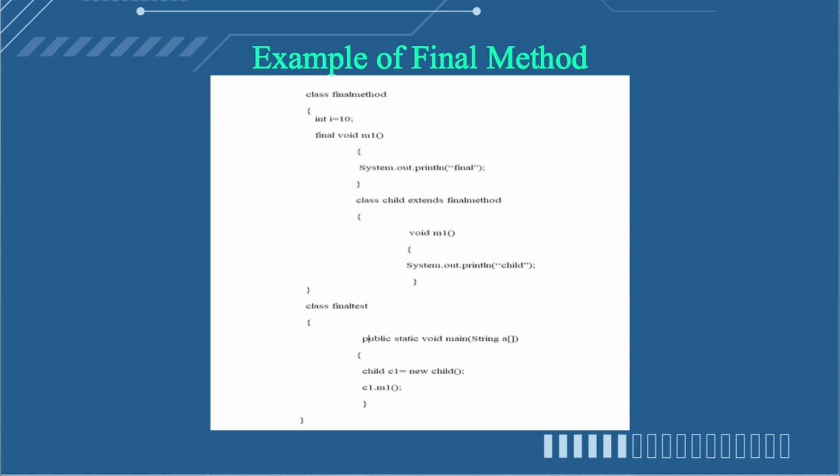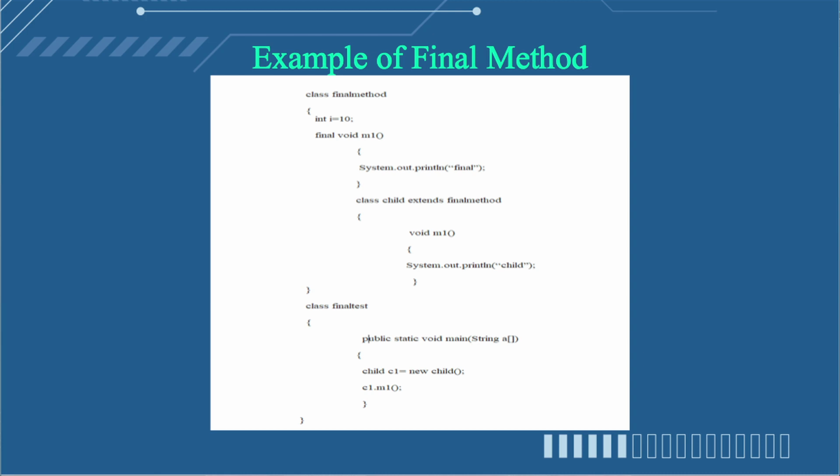We have also created a subclass child which extends the parent class. Similarly, in the child class we define a method m1. We also create the main class, whose name is final test.